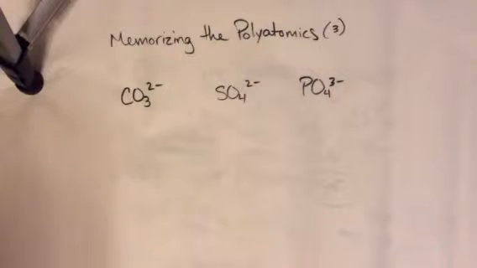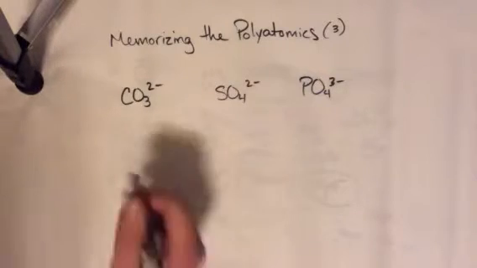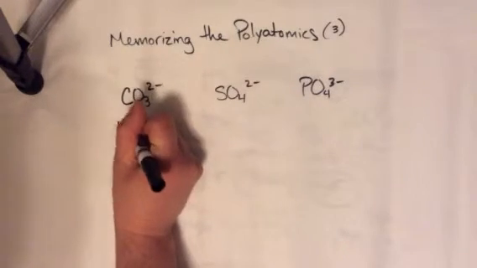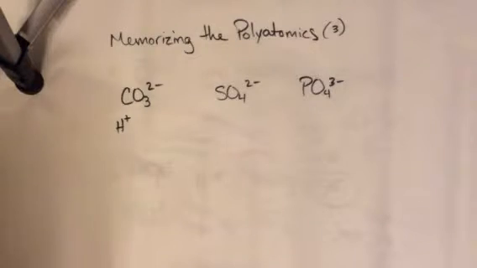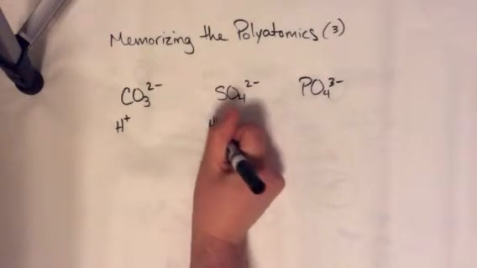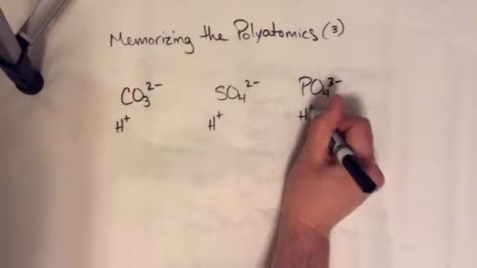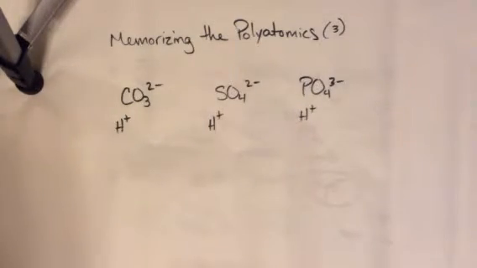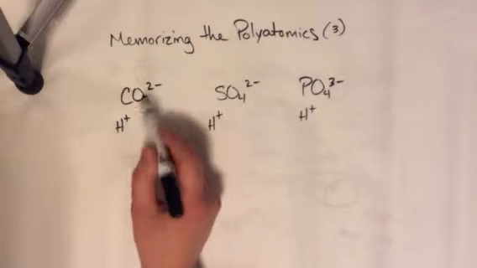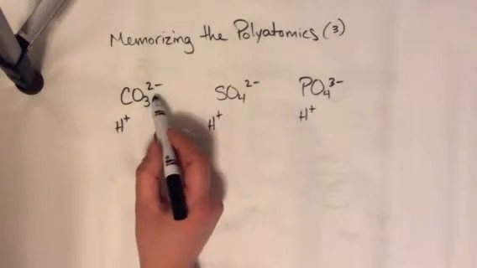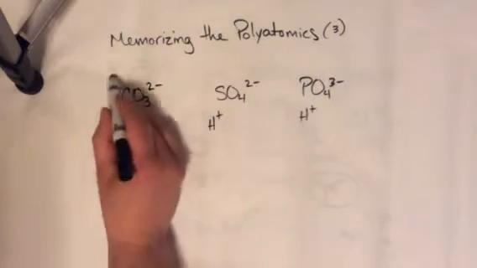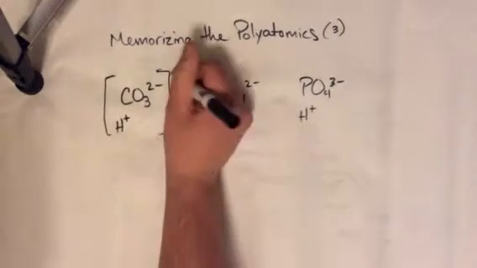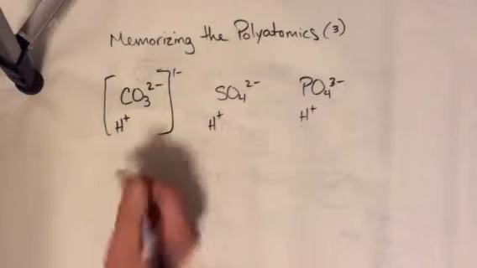I've got 3 polyatomics here: carbonate, sulfate, and phosphate, right? Now, if I were to add an H plus ion to each one, the total charge combined, a 1 plus and a 2 minus, would give me an overall charge of 1 minus, right?